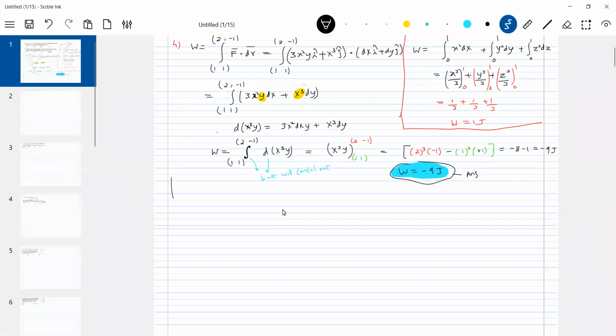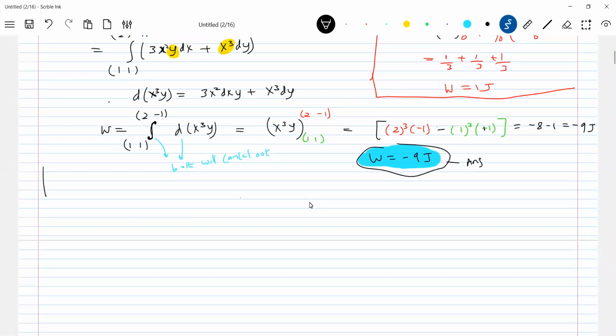Now we'll try to explore the meaning of this one. So I'll bring back the question, or an alternative method. Work done is equal to, what was the form? What was the question?